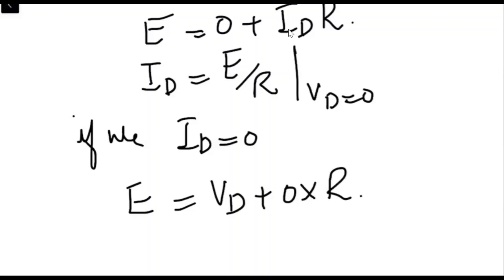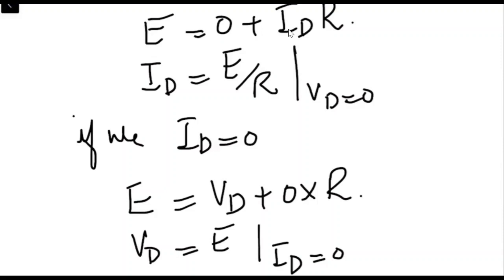This means VD is equal to E when ID is equal to 0. Are you with me? Yes, sir. Now, what we have obtained with this is the limit of this circuit.